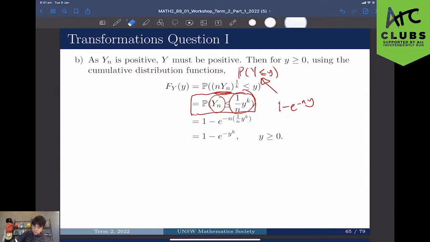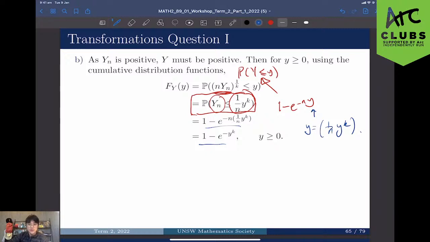So here y is equal to 1 on n, y to the power of k. And if you simplify it, we find that the CDF is equal to 1 minus e to the power of minus y^k.